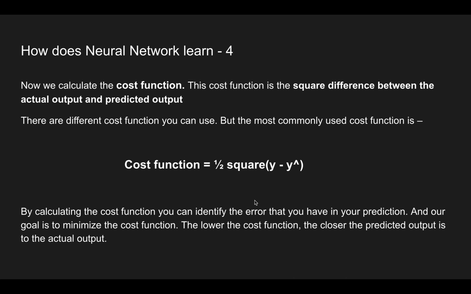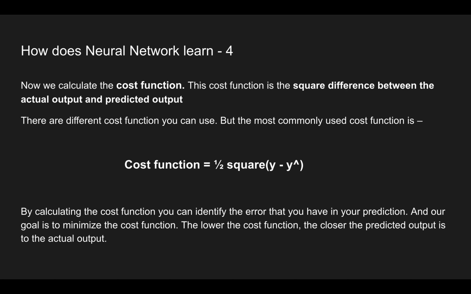Here I've mentioned mean square loss. This is the basic mean square loss, because when you do the coding part, you will use binary cross entropy and categorical cross entropy. We will discuss these losses in the next video. Here, the cost function is calculated as 1/2 times the square of y prediction minus y actual.